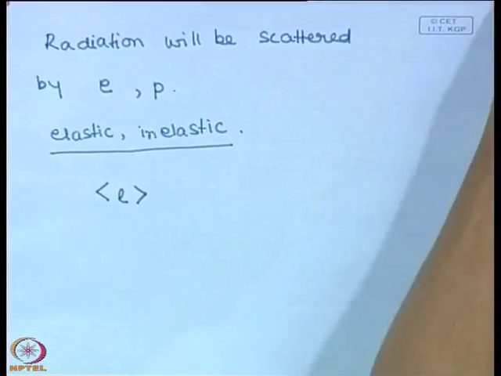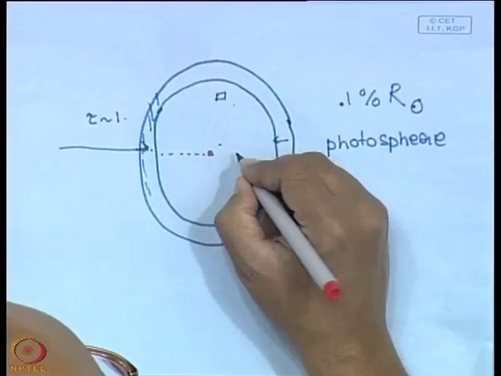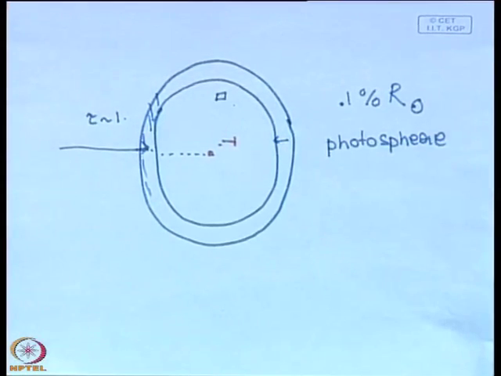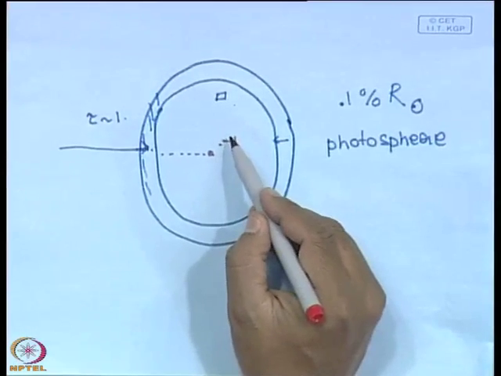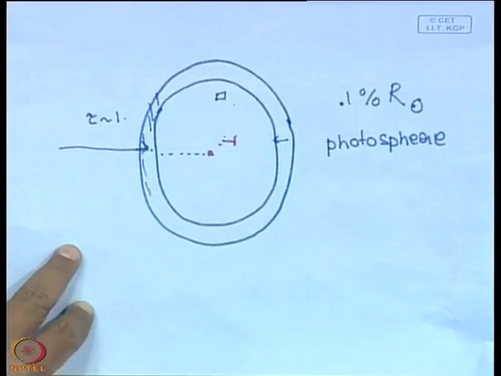Okay. So, what we have to do is consider a photon which starts off from somewhere and see where the optical depth becomes unity. When the optical depth becomes unity, it means it has interacted once, with high probability.